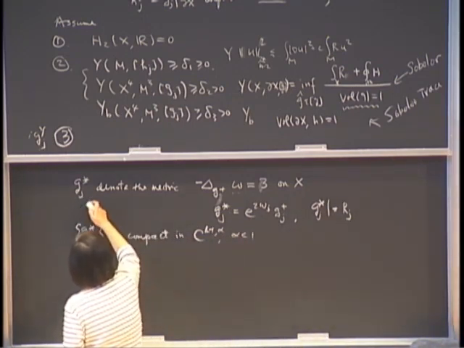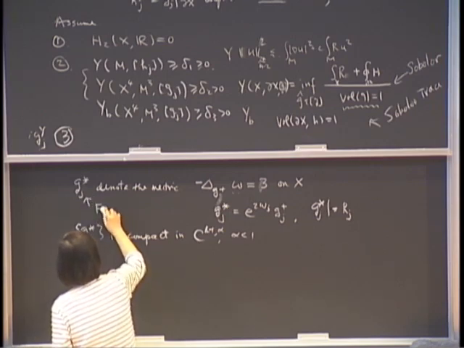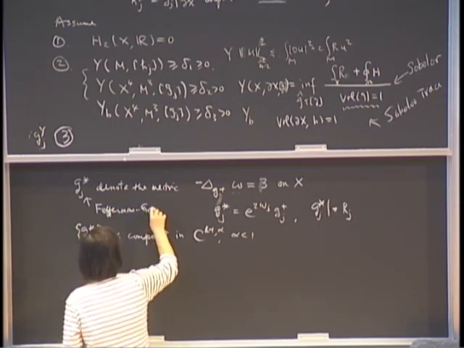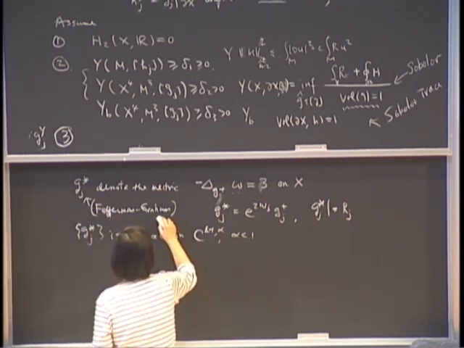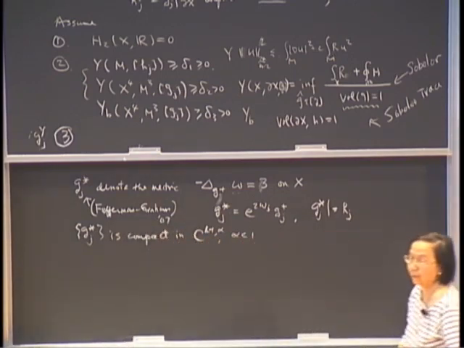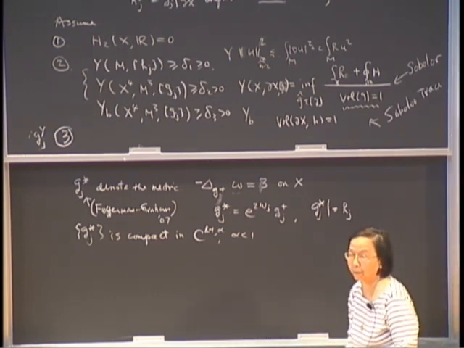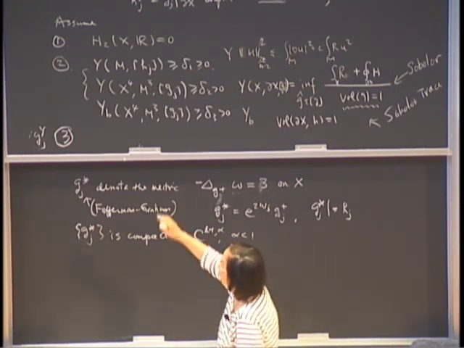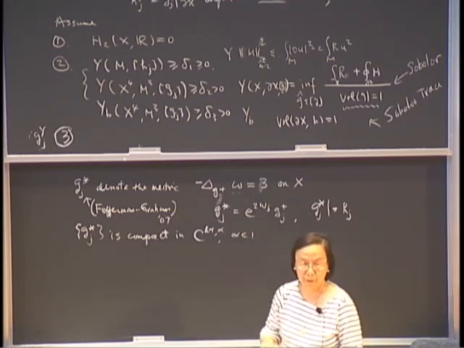And this metric was introduced by Fefferman, so we call it the Fefferman metric, in work around 2007. Okay, so for other study of this subject, this is the Fefferman metric. I want to say it's compact. Okay. And now let me fill in condition 3 and also explain properties of the Fefferman metric.